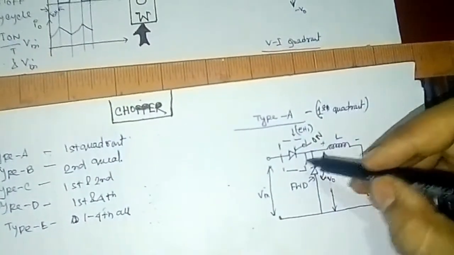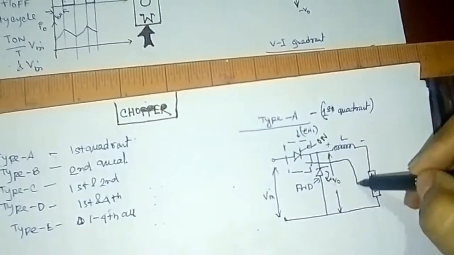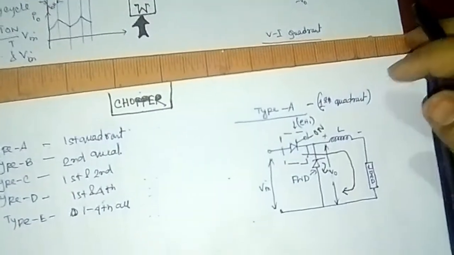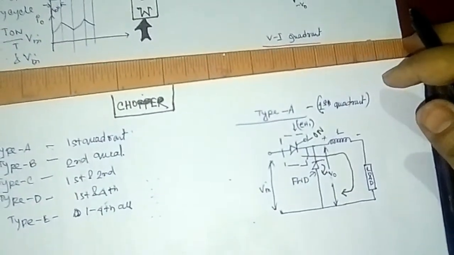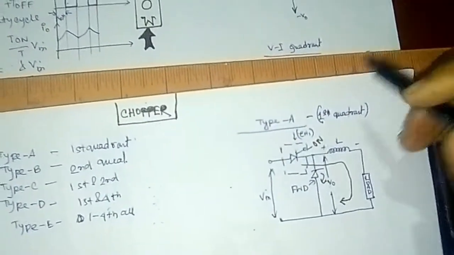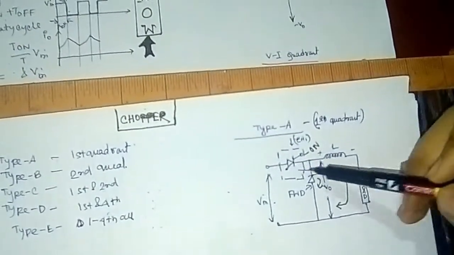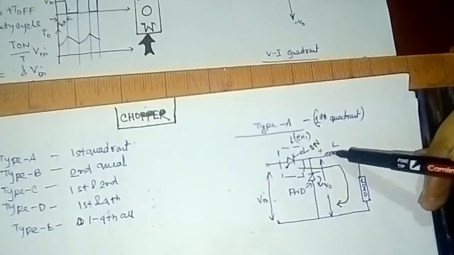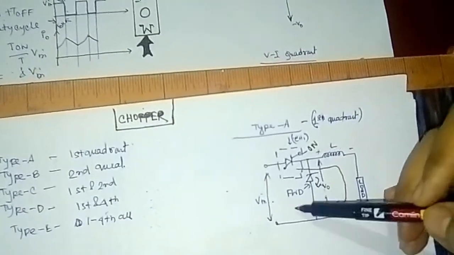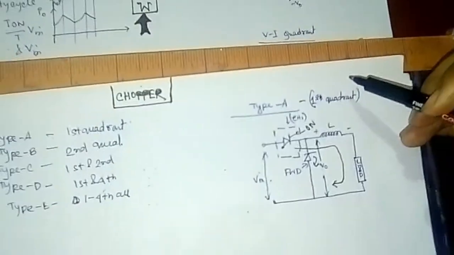So it will not conduct and the circuit current will flow through that path: from V in to the thyristor, to the inductor, to the load, and again to V in.